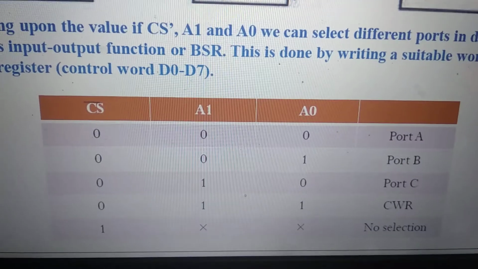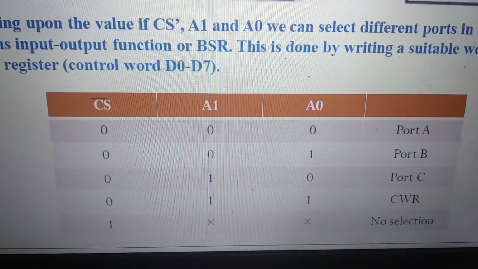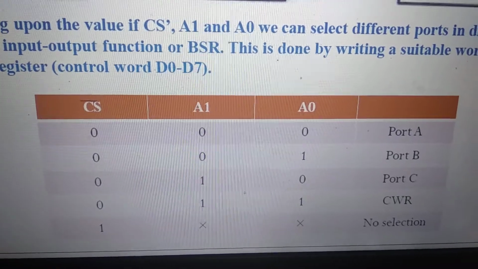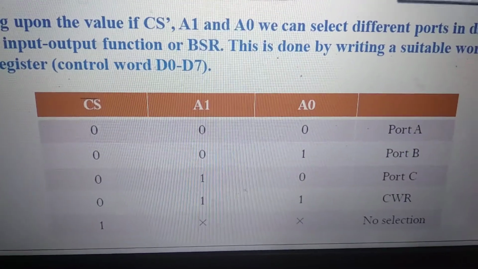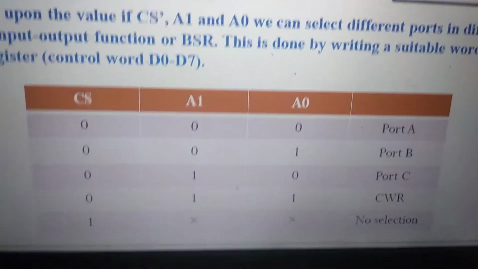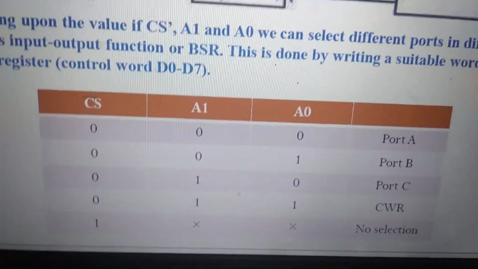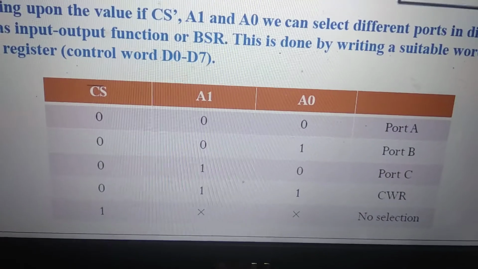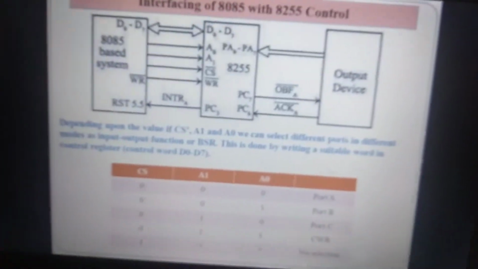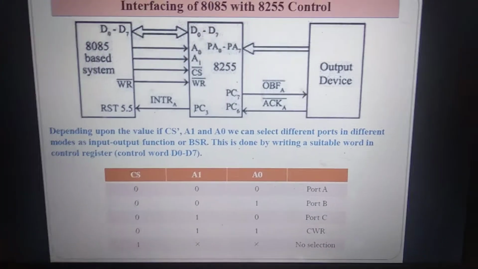And for every case, chip select CS bar is an active low signal, so obviously it should be kept low, otherwise it won't be activated. And when it is 1, there is no selection, that means no data transfer operation will happen. Okay, so this is all about how we can select the port addresses.